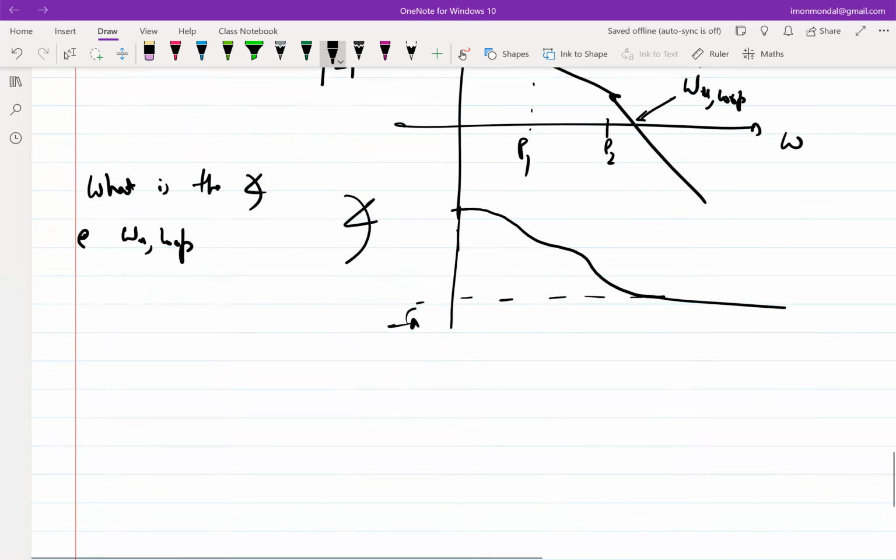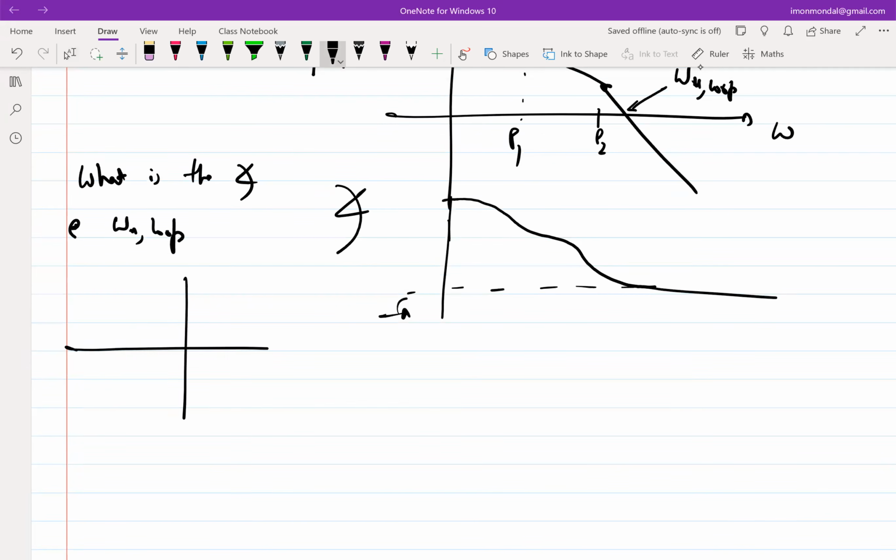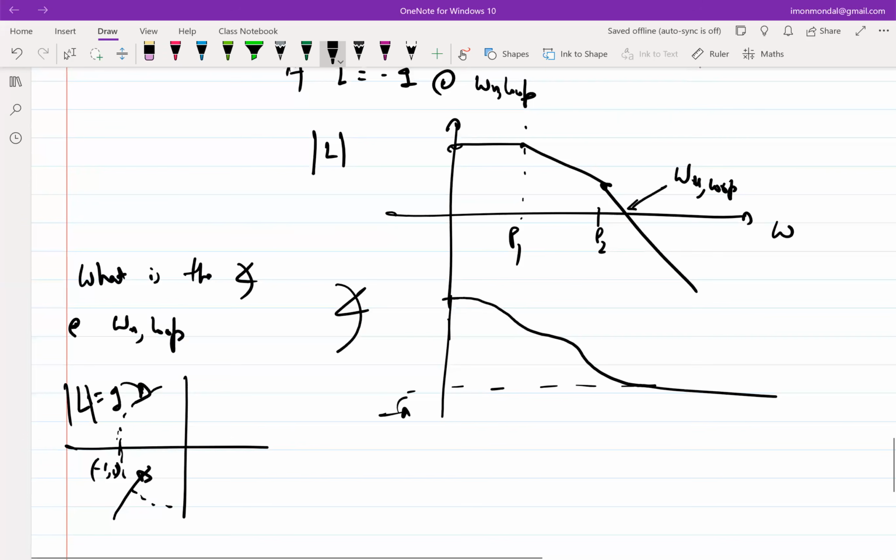Why are we looking for that? Because ultimately I know in the Nyquist, I'm looking for where the plot cuts the unit circle, right? So this is mod of L equal to 1. I'm looking for the phase at which I'm cutting the unit circle. From the Bode plot, it's trivial to find out omega u loop.